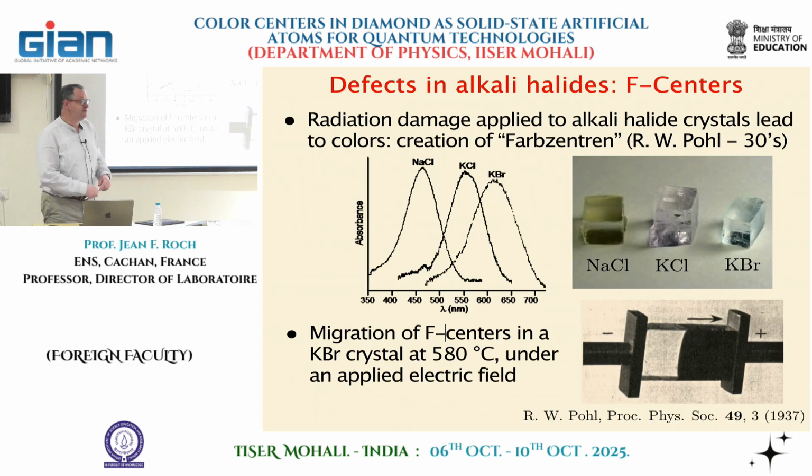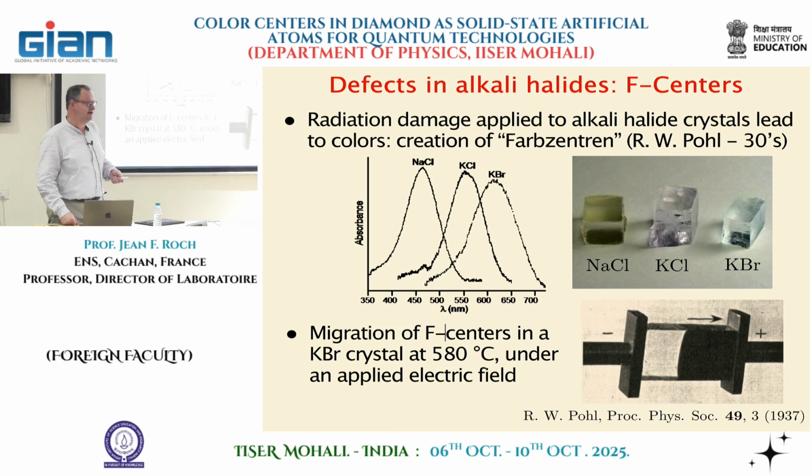Now, it was found in the 30s by Pohl, professor in Göttingen, that if you take such crystals and you induce radiation damage on them, radiation damage can come, for instance, from an electron beam that people had already.